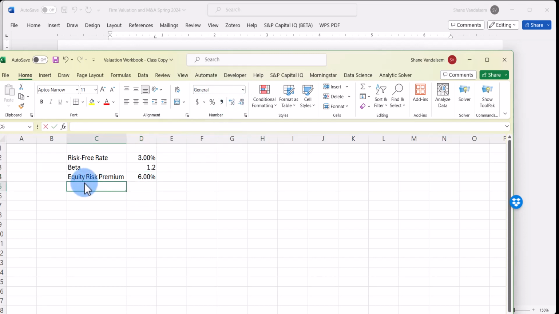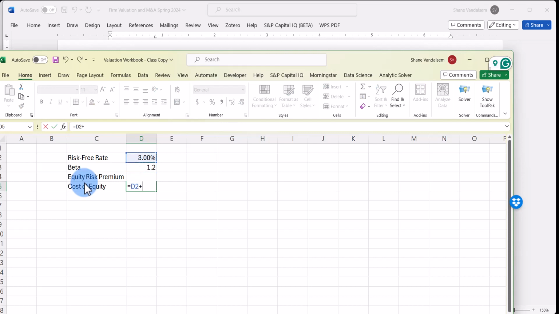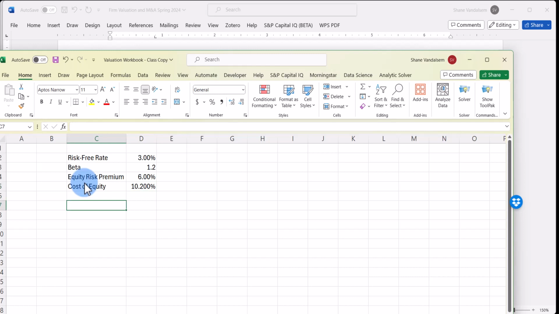So our cost of equity, or our R sub S, is equal to the risk-free rate plus the beta multiplied by the equity risk premium, and that gives us a value of 10.20%. Our last dividend paid, and this is our annual dividend amount.